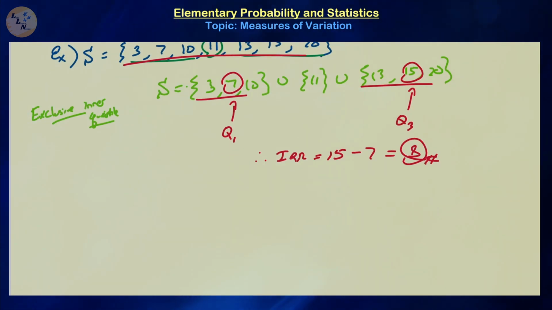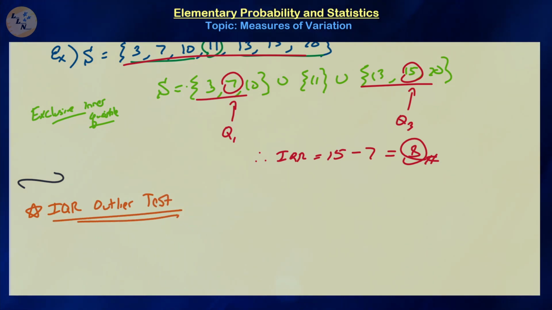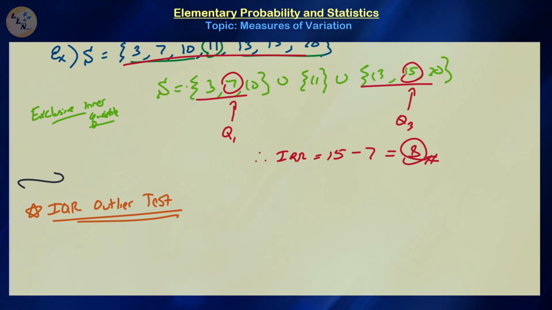And that's one of the applications of the interquartile range. So let's get into that briefly. This is going to be called the IQR Outlier Test. How the IQR Outlier Test works is it compares all of the data values to what we call a determination interval.